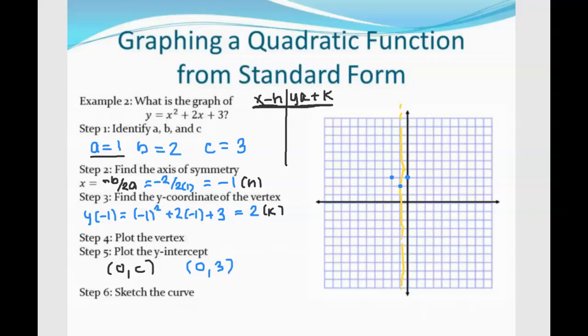A parent quadratic goes through 0, 0. So that's your x and y always. The x and y are always the same. What we're going to do to find our new points is subtract h, multiply by a, and add k. The parent function has 1 and 1, and then it has 2 and 4, because our parent function is all of the perfect squares.